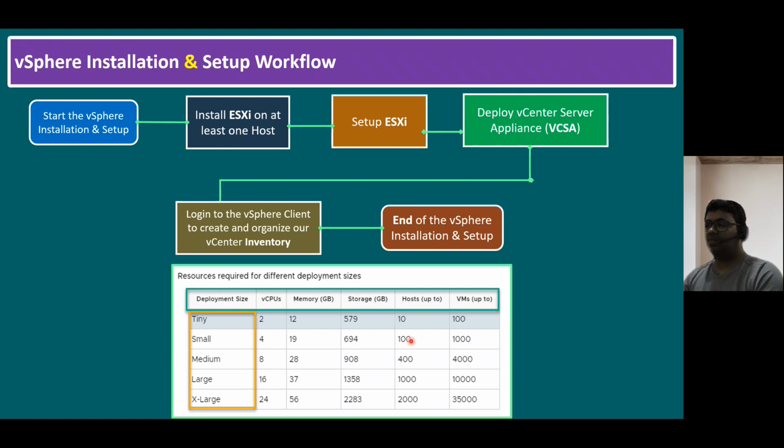Suppose your organization is currently running with around 80 plus ESXi hosts, but next year, as part of capacity planning or forecast planning, we may plan to add an additional 30 ESXi hosts.